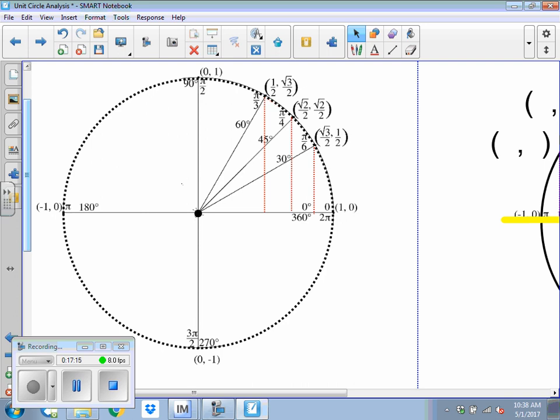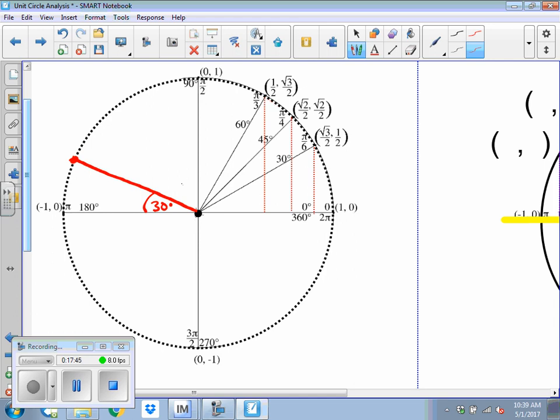Now, remember we did reference angles? So if I drew an angle over here, and this was a 30-degree reference angle, that sine and cosine will be the same values. Sine of 30 degrees and cosine of 30 degrees don't change. What do you think is the only thing that changes? The signs of the coordinates. That's it.